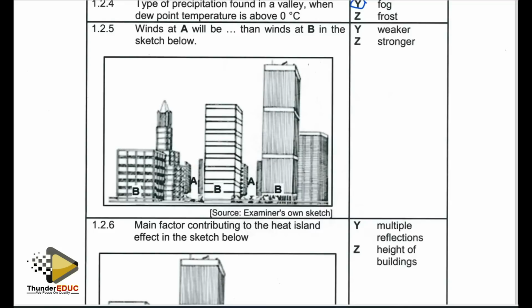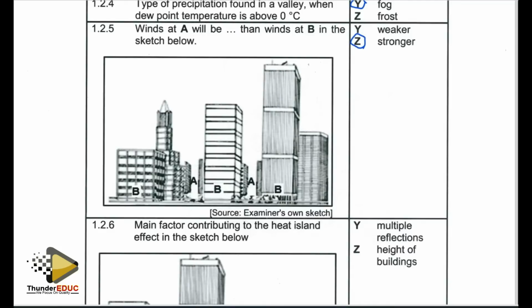So the winds become stronger as they get concentrated and channelized towards a given direction. In that instance, our correct response is item Z for stronger.